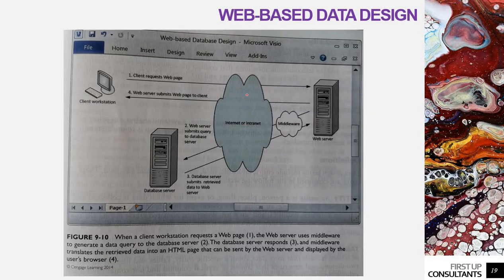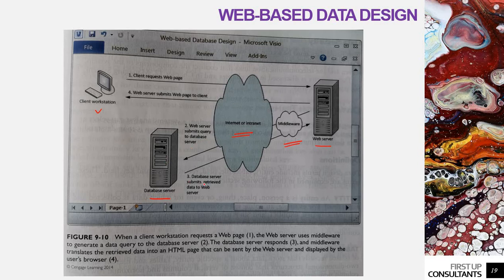If you see here, we have the client web workstation, and using the internet or intranet, they are going to use the middleware as the middleman, so that it will have the transfer between the database server and the web server, and then from the web server to the client workstation. The first step is the client requests a web page, and then using the middleware from the web server, the web server submits the query to the database server.